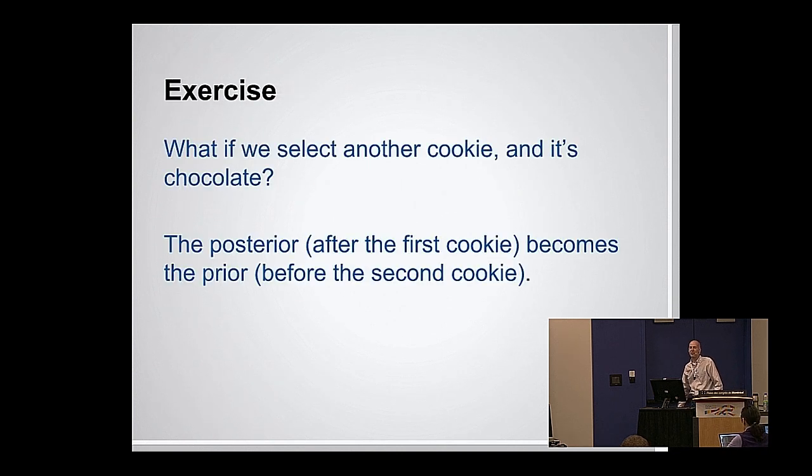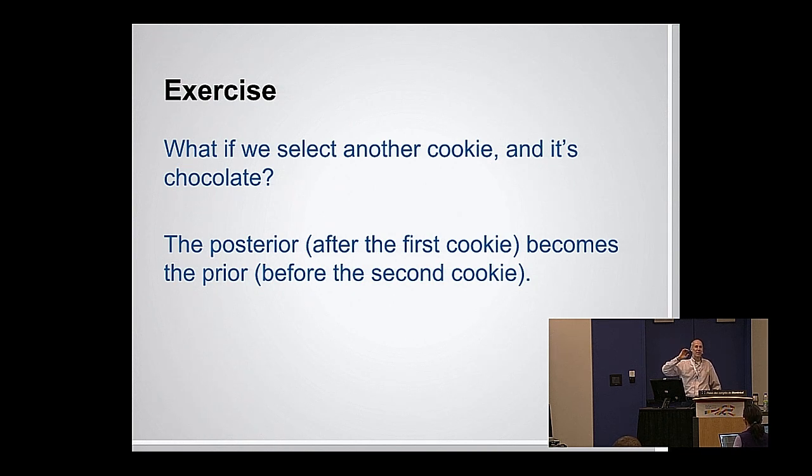All right, I have an exercise for you. Suppose that you chose from that random bowl, same bowl, you go back in and draw another cookie, and it turns out to be a chocolate cookie. I want you to do another update based on the second piece of data. So the posterior distribution that you just computed is going to become the prior for the next update.